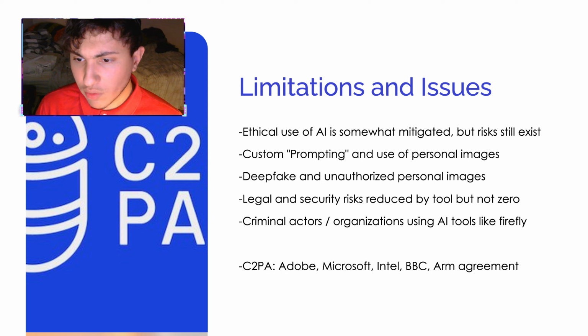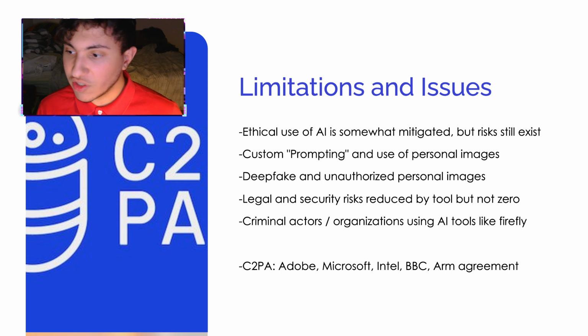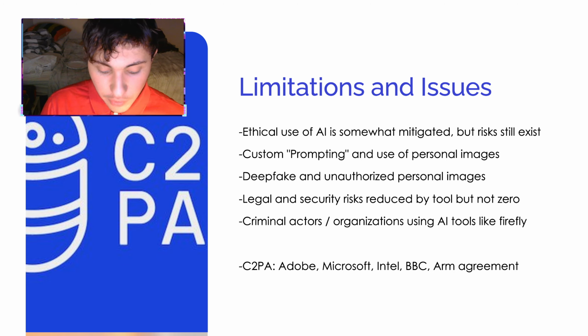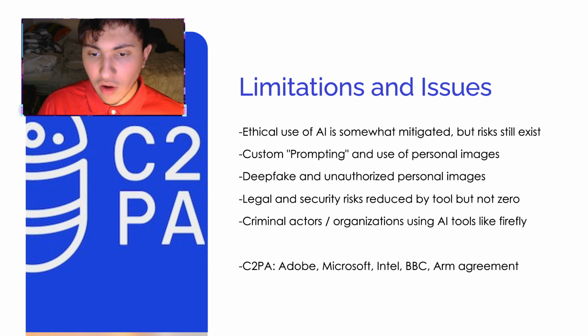Adobe, Microsoft, Intel, BBC, and ARM have made this agreement where they basically want every single AI image generated with one of their models to have some kind of history label showing where the AI came from, the history of editing, how it was made, and the prompt used. That's implemented on Firefly. That's part of the cryptographic signature.